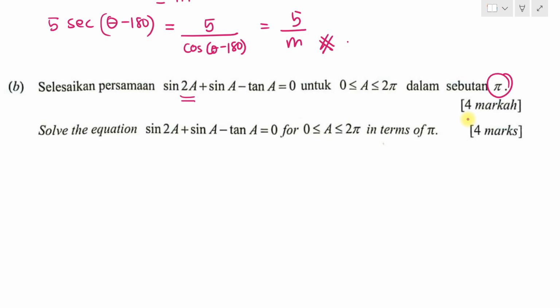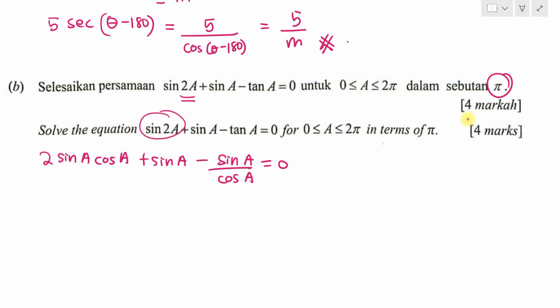Okay, sin 2A, sin A minus tangent A. Sin 2A we change first. Sin 2A is 2 sin A cos A. Okay, we changed it. Then plus sin A minus tangent A. Let's write it first, or we try to expand this into sin A cos A, and then we see what we can do.